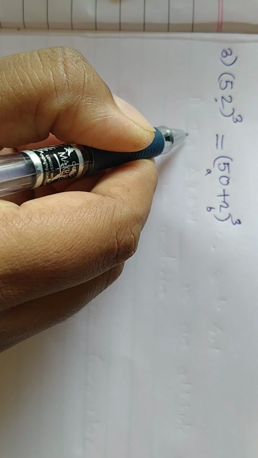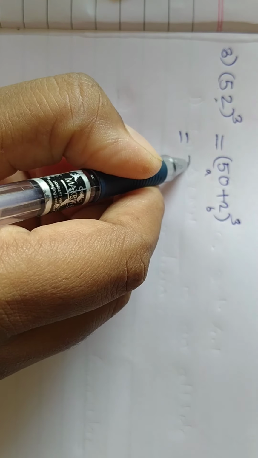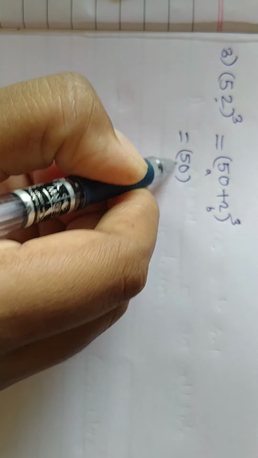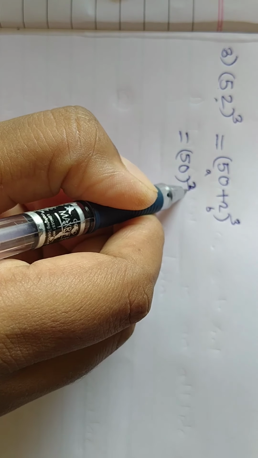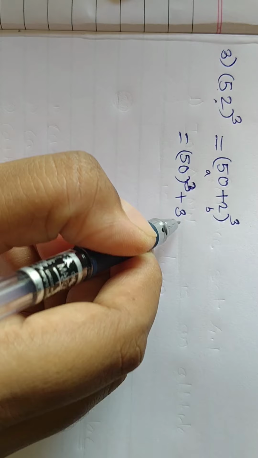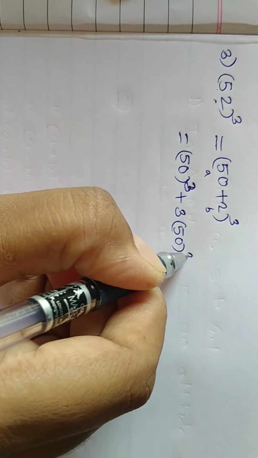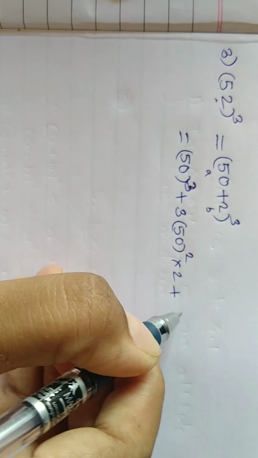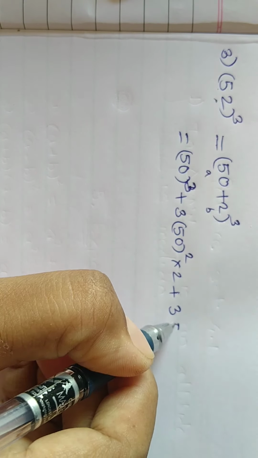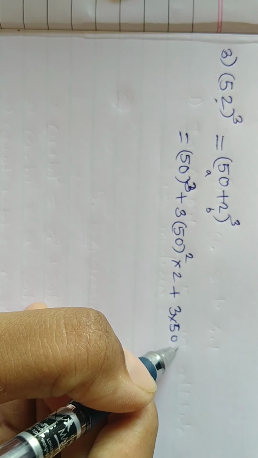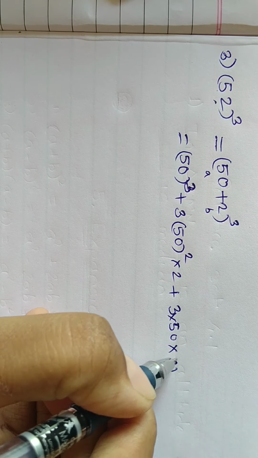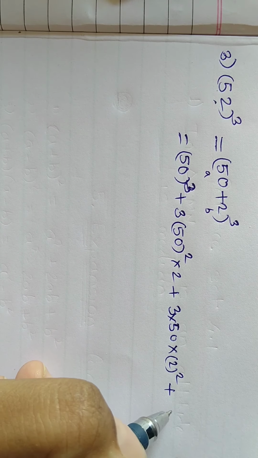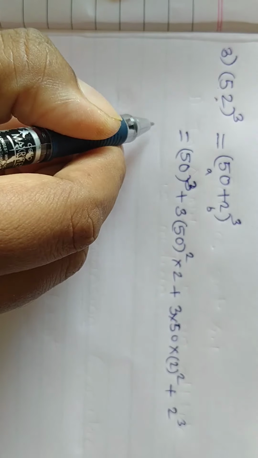First one is 50 cube, plus 3 into 50 square into 2, plus 3 into 50 into 2 square, plus cube of 2.